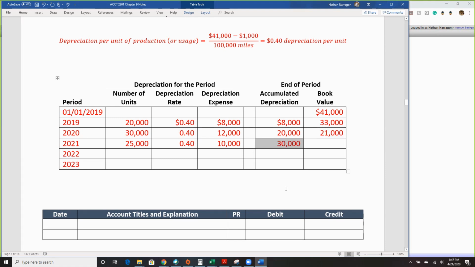Now book value, like what's happened to book value each period. It's decreasing by our depreciation expense. So, what's 21,000 minus 10,000?